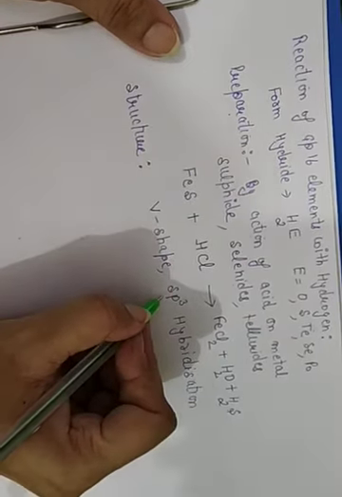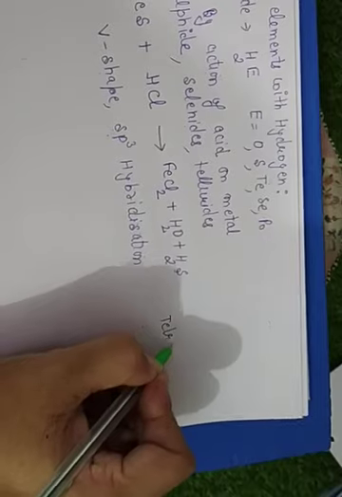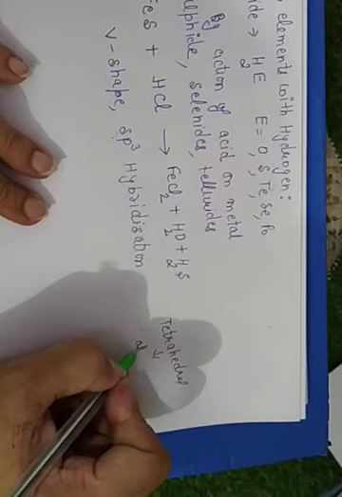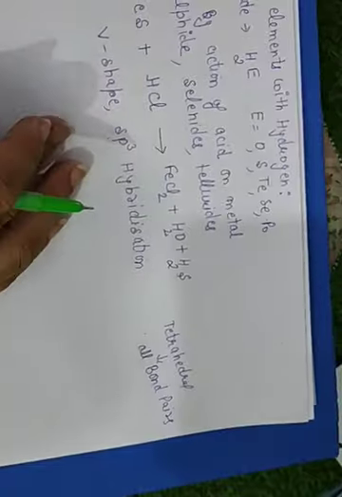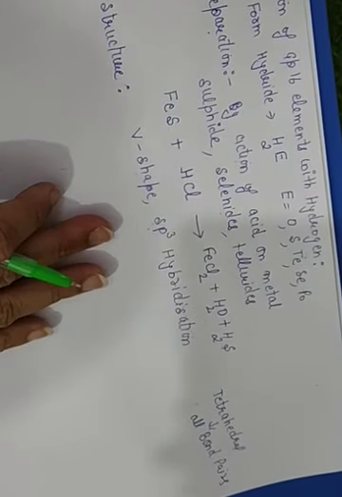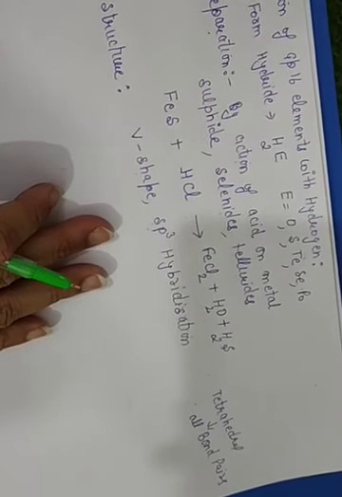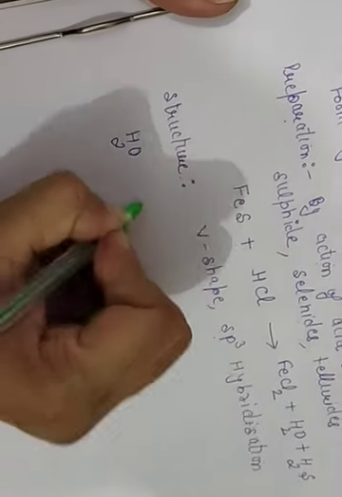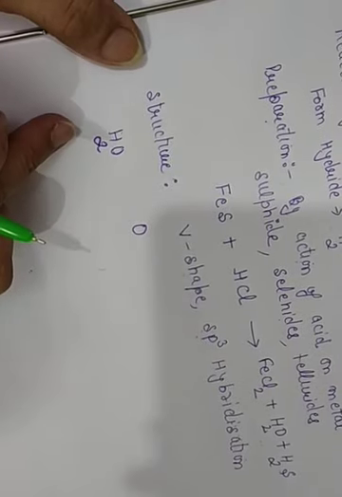Here with sp3 the symmetrical form is tetrahedral, but that tetrahedral shape is only when all the electron pairs are bond pairs. But here the central atom has lone pairs, so its geometry is not symmetrical but unsymmetrical. For example, if we discuss water, H2O, here the central atom is oxygen. Here oxygen is covalently bonded with two hydrogens.